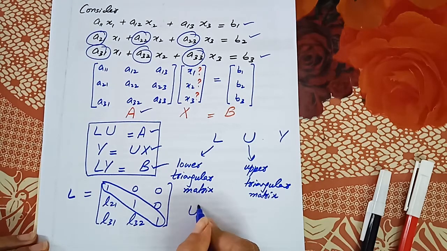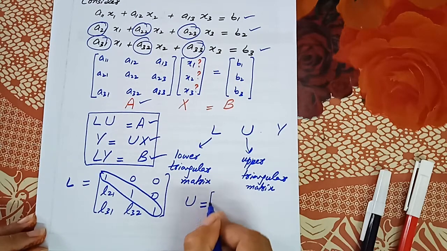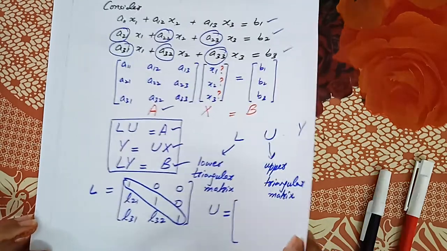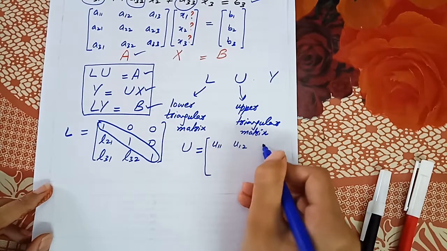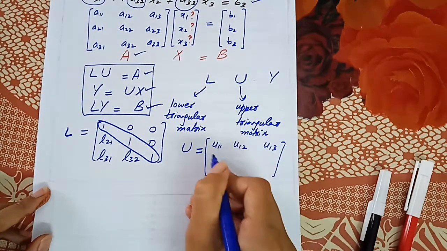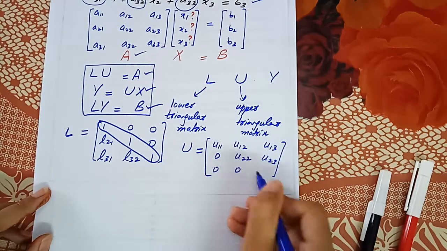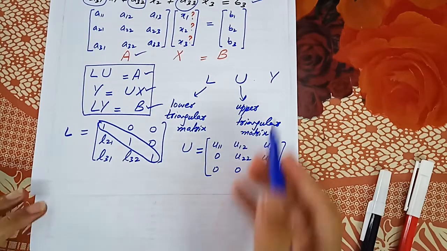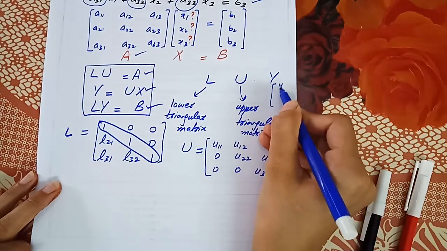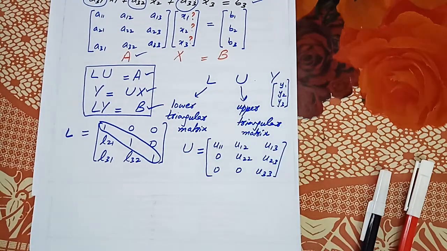Now you need to know the upper triangular matrix. The upper triangular matrix is U11, U12, U13, 0, U22, U23, 0, 0, and U33. Now we will use these matrices, and the Y will be taken as Y1, Y2, and Y3. Now we are going to use all these in solving an example so that everything will be clear to you.